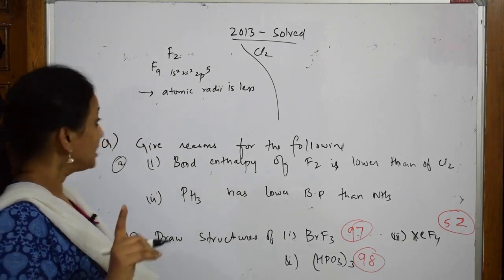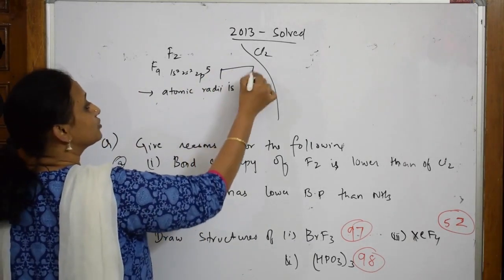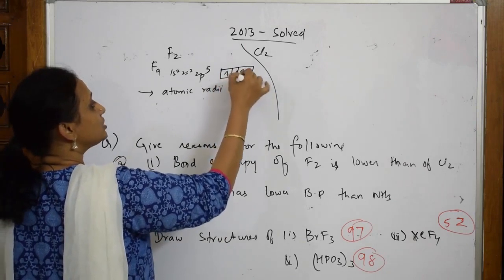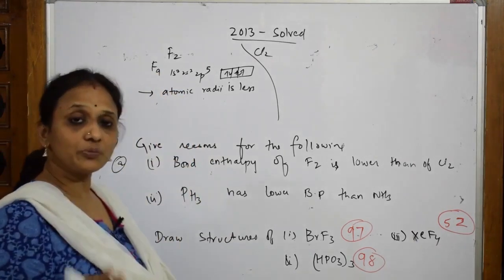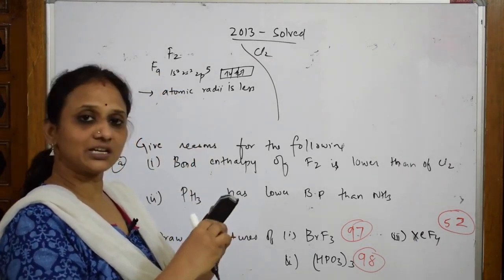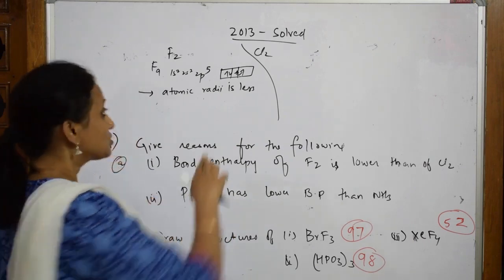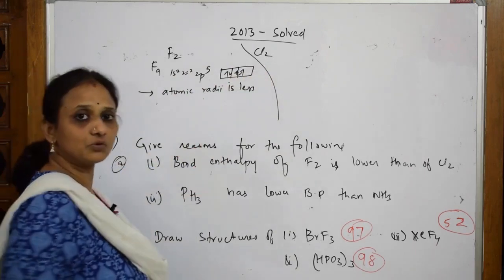Next concept is, though atomic radii is less, when I see the configuration of this fluorine, there is a lone pair on one fluorine, and one more lone pair on the other fluorine. So there are a lot of electrons, because the size of the atom is very small. So the electron repulsion, 1 fluorine, 1 electron, the other fluorine, 1 more electron.